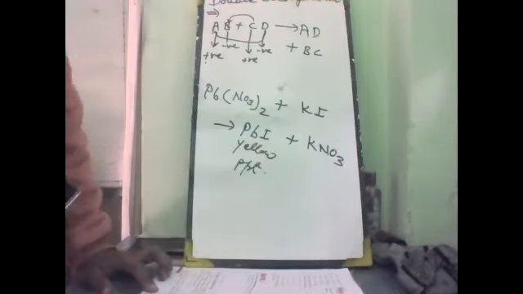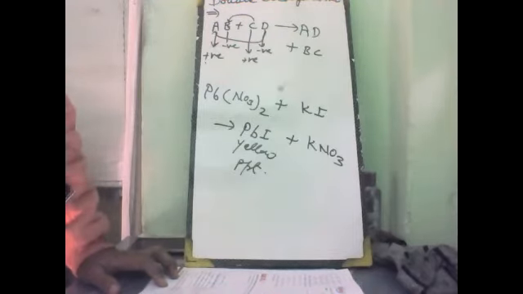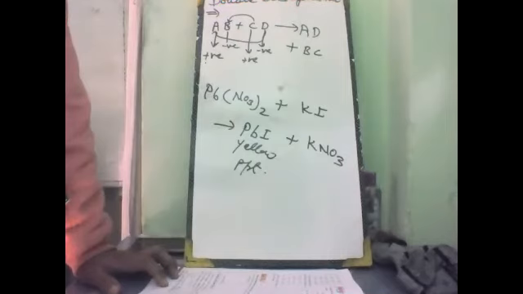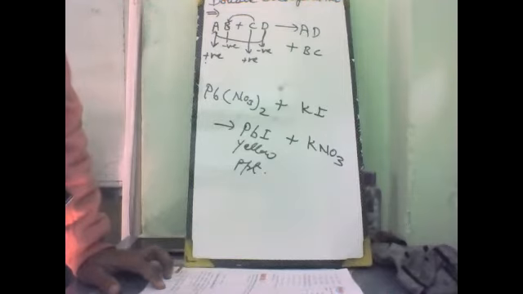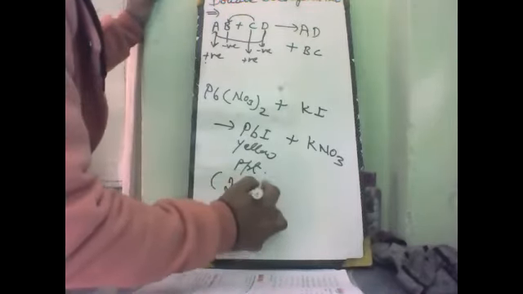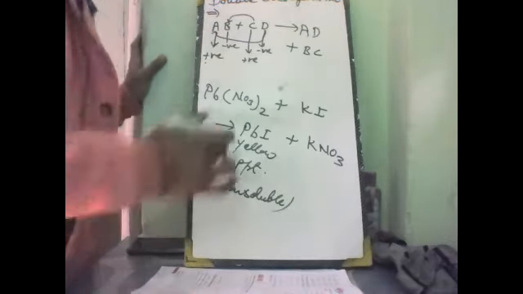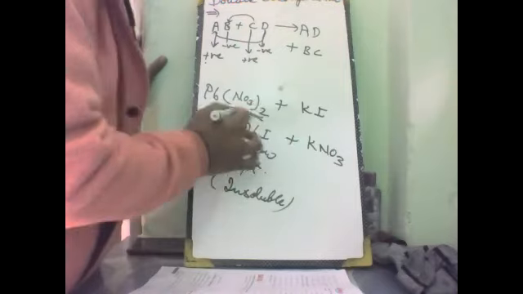We can see the yellow PPT in the reaction. This solid is lead iodide, where the valency of lead is 2. It precipitates out because it is insoluble in water.